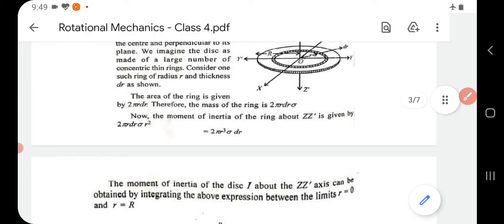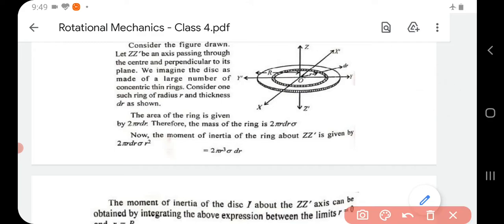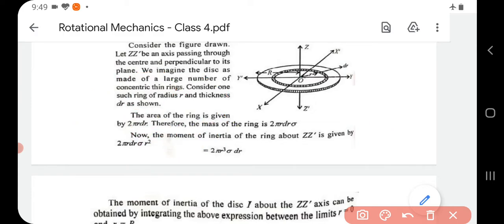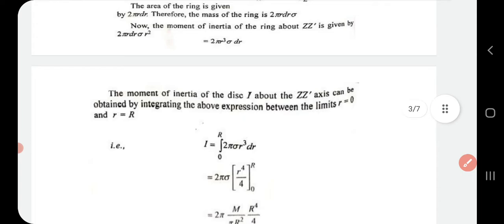Because the radius of the circular disk is capital letter R. From the center it is R. So you have to integrate from the center to this one to get the moment of inertia of the whole disk. That is why you are writing capital letter R.